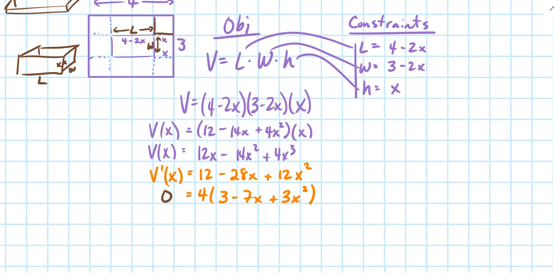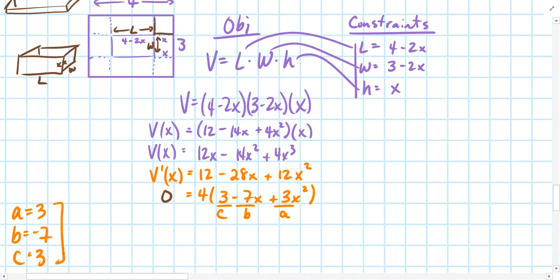So in order to solve this, we don't really need to worry about this 4 since that's a scalar multiplier. We really just need to worry about these 3 coefficients, a, b, and c. I've got to go backwards here because the a value is always associated with x squared. But with an a value of 3, a b value of -7, and a c value of 3, we can use the quadratic formula to find the zeros of this guy.